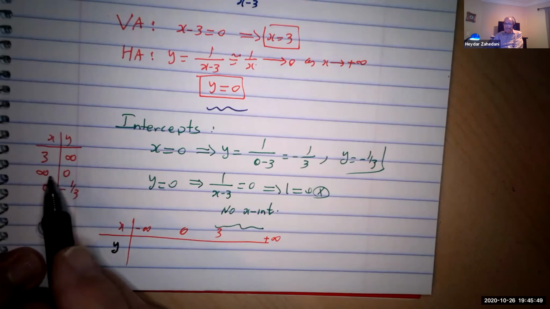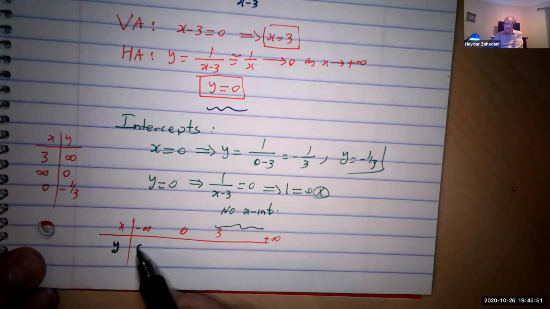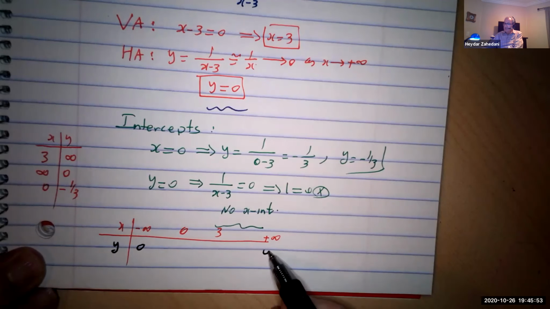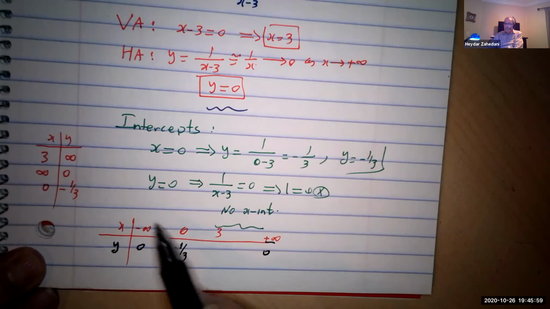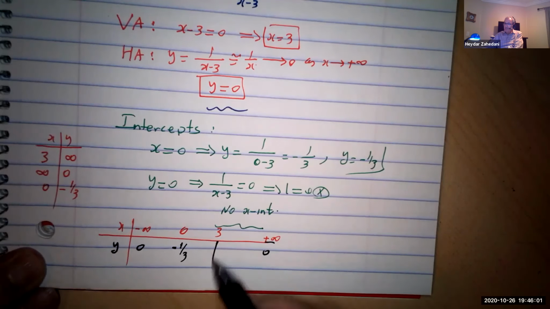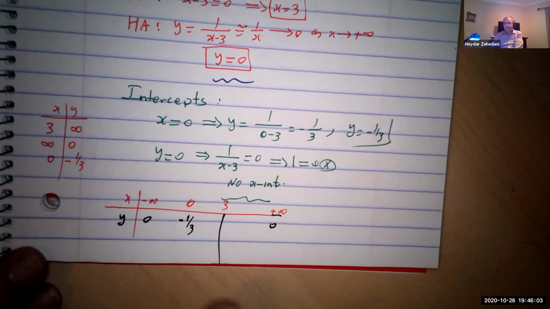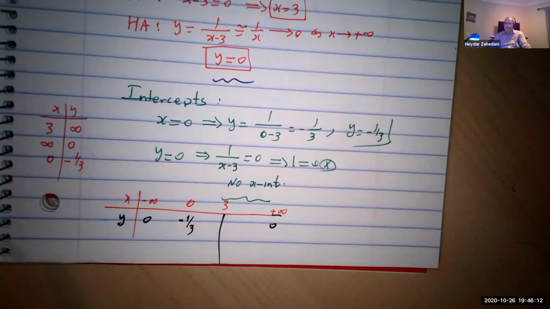When x is infinity, the y is 0. When x is 0, the y is negative 1/3. And when x is 3, you have the asymptote. So your graph is going to be these two portions to get these numbers. Okay, any question?